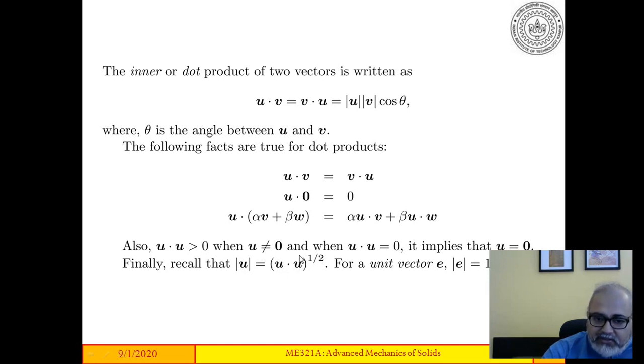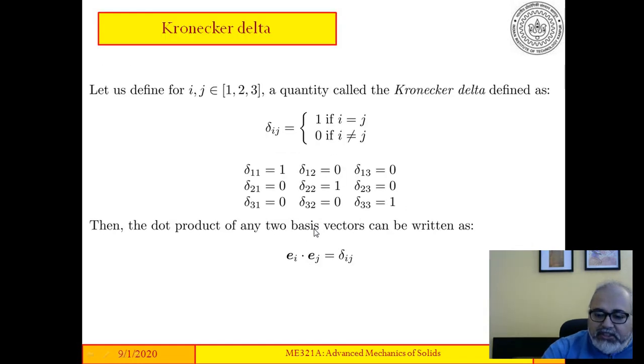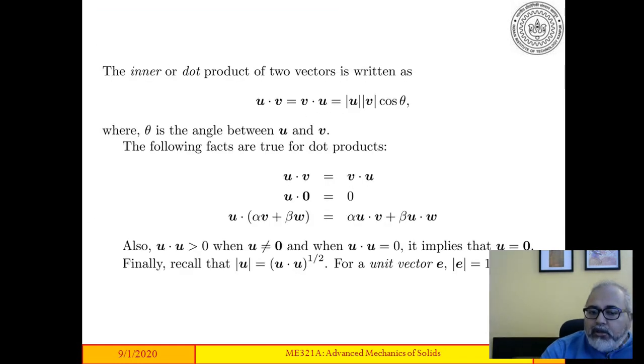And you can convince yourself, I think you are convinced already, that u dot u to the power half is indeed u1 square plus u2 square plus u3 square, to the power half, which is the magnitude of u. So the magnitude of u can be calculated by dotting u with itself and raising it to the power half. For a unit vector, the magnitude is obviously equal to 1. We also know that very well.